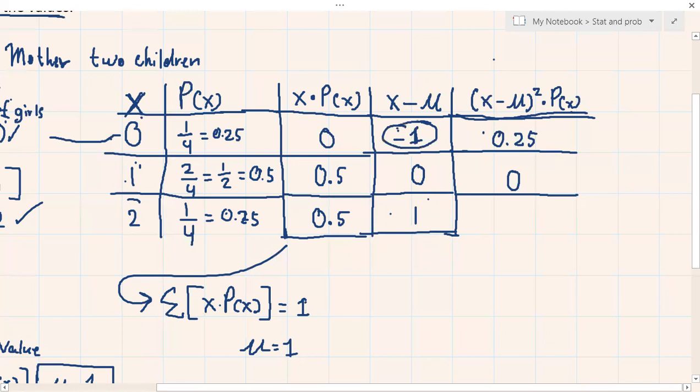By the way guys, this is negative 1 pala to. Sorry guys, forgive me. Okay, ito yung binilugan ko. Hindi siya 1, this is negative 1. Okay, kasi yung x niya rito ay 0, di ba? Minus yung mean niya si 1, which is negative 1. Forgive me guys.